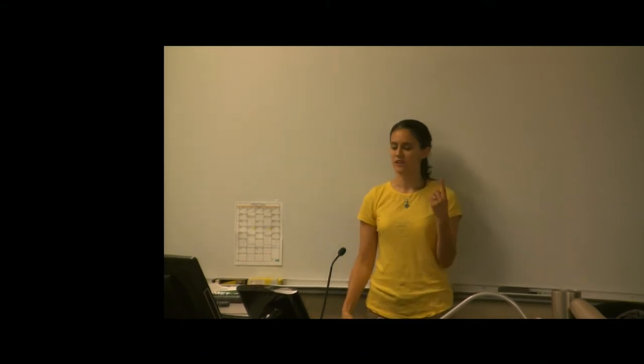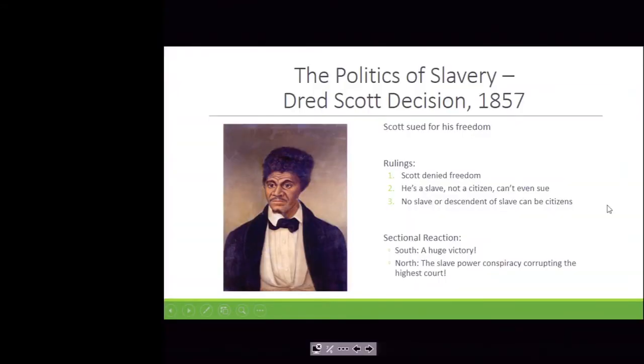These three things. First and foremost, most simply, Scott is denied his freedom. He's not a free person. They say he's still a slave. And they go even further. The second thing, he's still a slave, and slaves aren't citizens. So he shouldn't even have been able to sue in the first place. And that's why they refuse to hear his case. They don't even stop there.